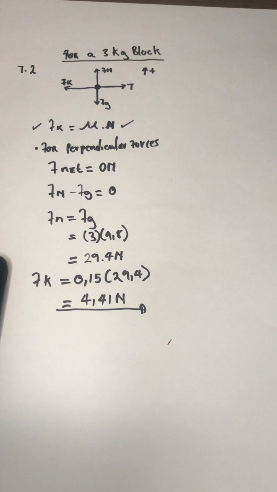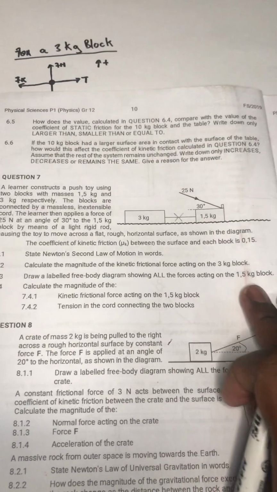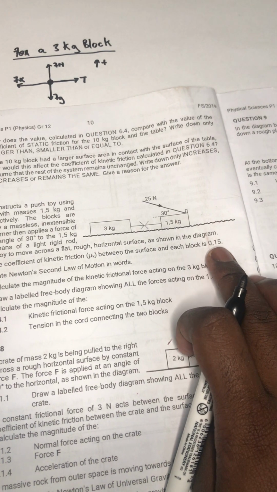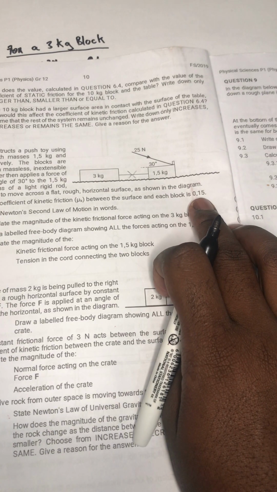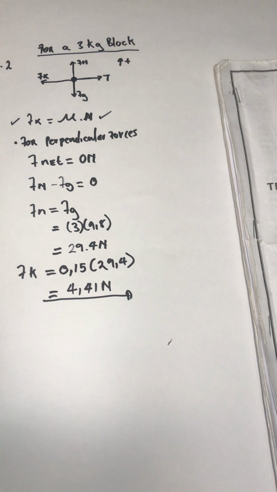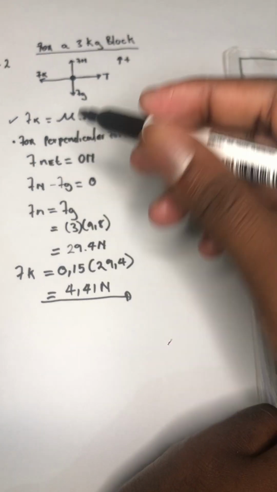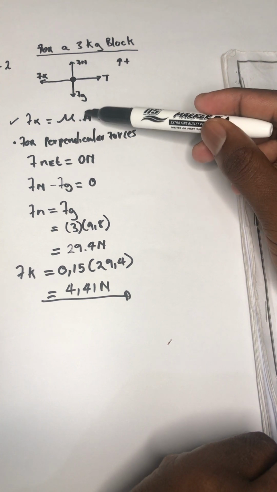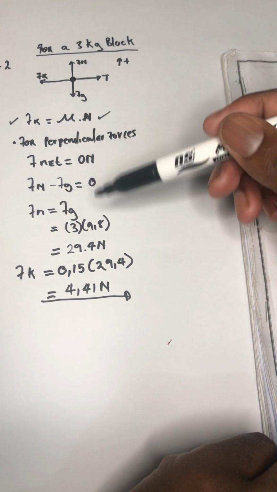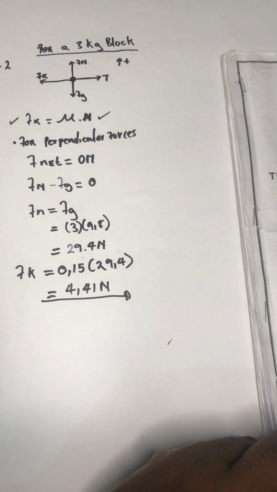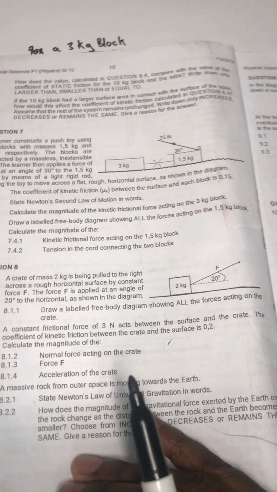So this is mu k that we are given, the coefficient 0.15. We know the formula for friction is mu k times the normal force. We know mu k, we know the normal force, and then we get the friction.